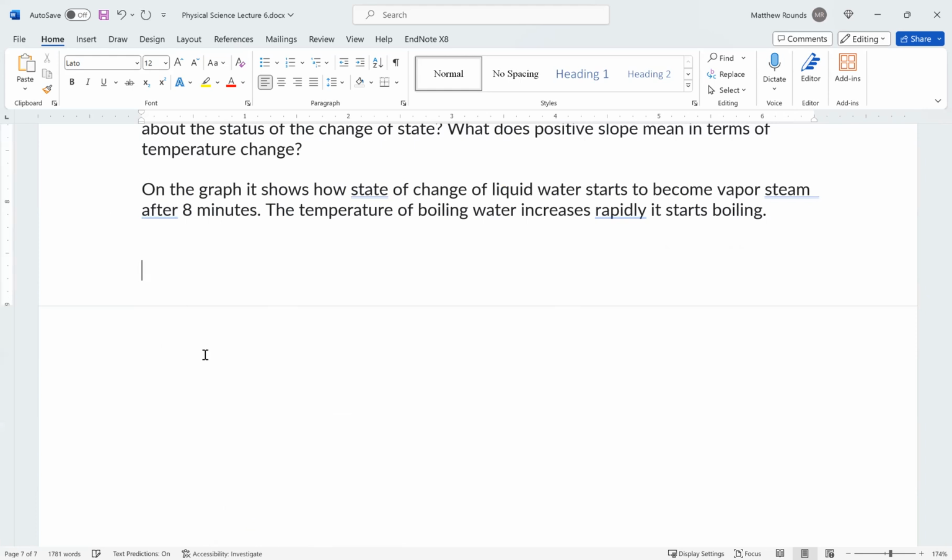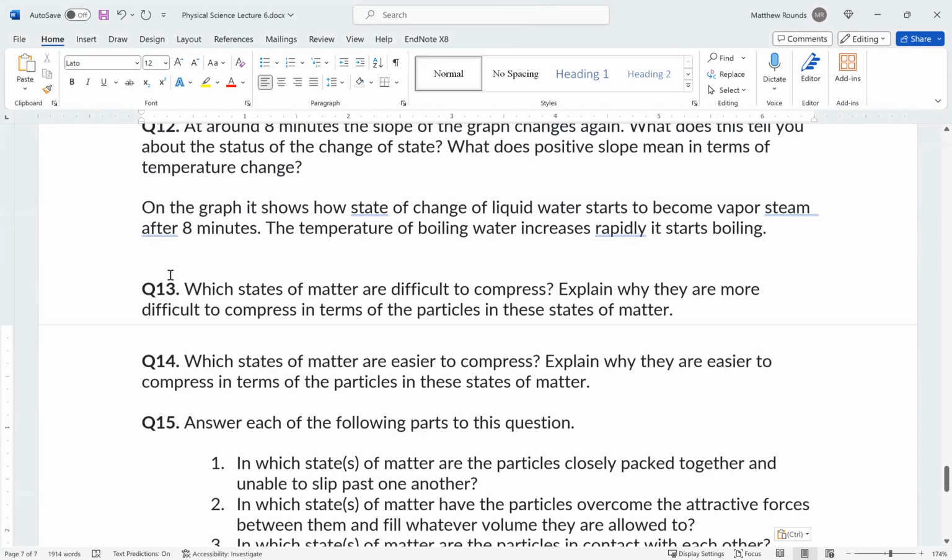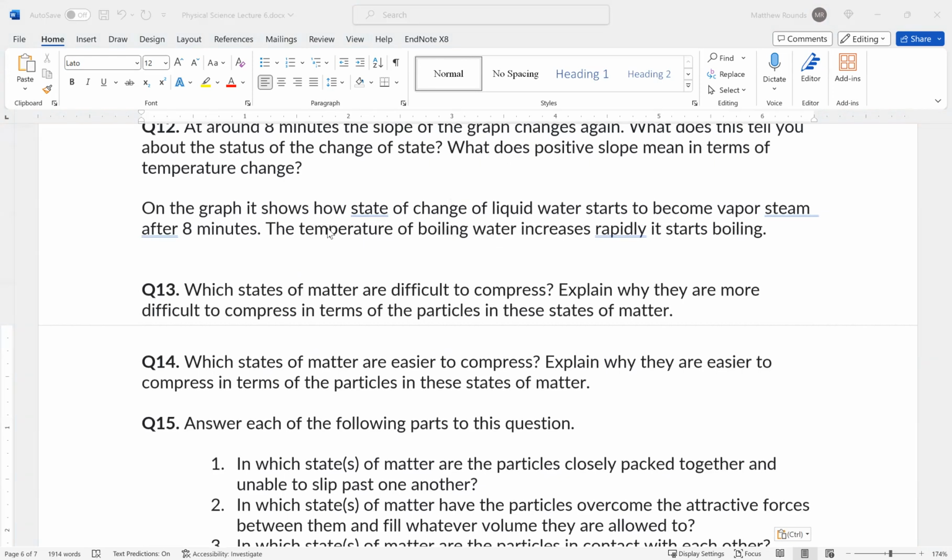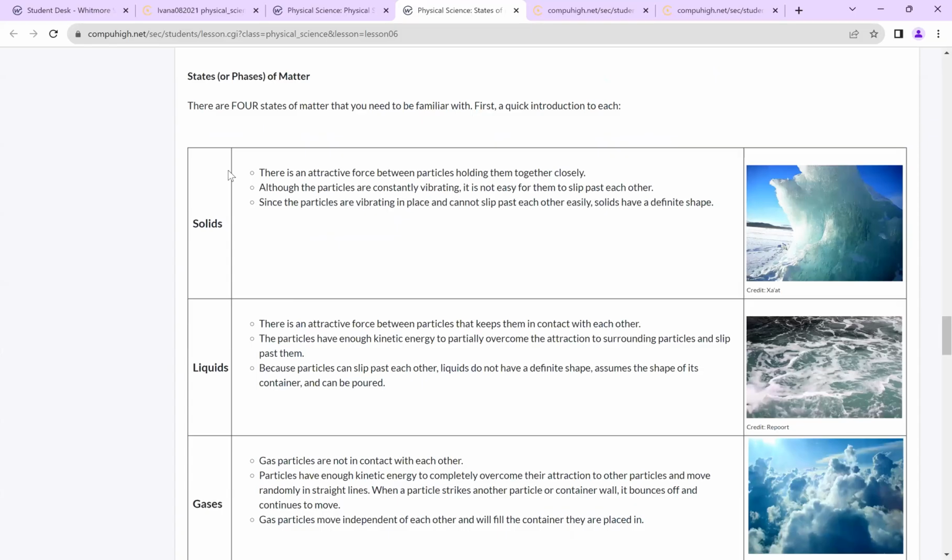All right, so we're done with that, but there are still 3 more questions on states of matter. There are 4 states of matter to consider. You probably already know 3 of them. So let's take a look. Solids, liquids, and gases.